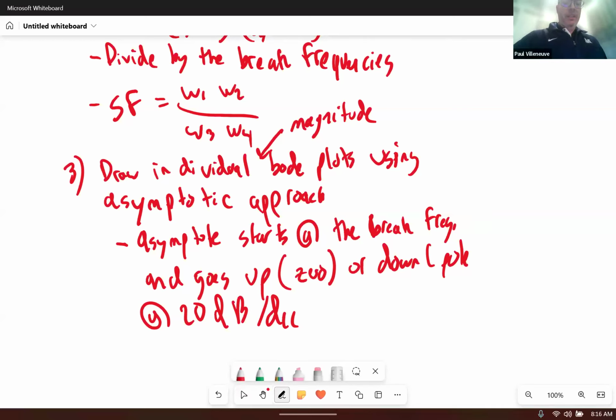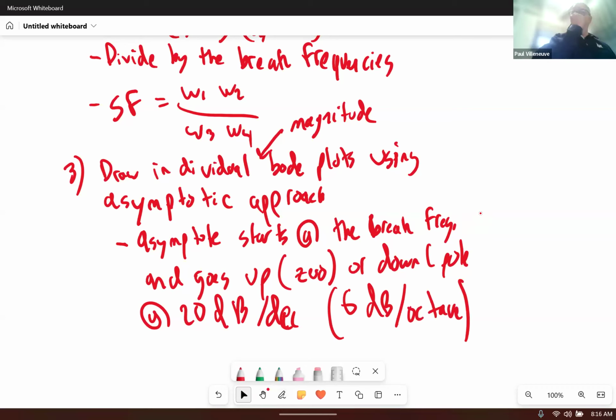Or if you want to do a lot of refinement, another approximation is based on octaves. Anybody know what an octave is? Well, I know I have some musicians in here. What is an octave? Level of music. It's like your A chords, your C chords, your E chords, and the different levels, those are all different frequencies.